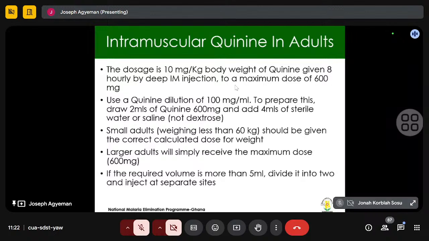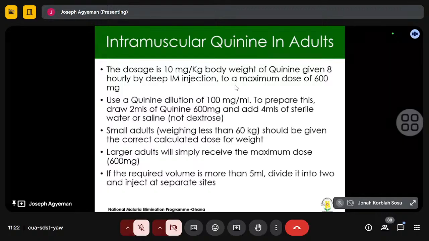But there are still some recommendations that you need to give to the one giving the injection. For an adult patient, the weight and the required dose will have an effect on the final volume to be given. For example, in this patient we got 600 milligrams as the cutoff point, so we are going to give all the 6 mils of diluted solution.